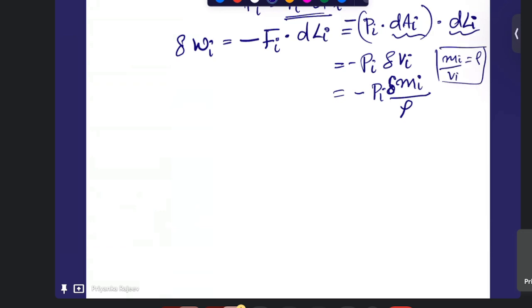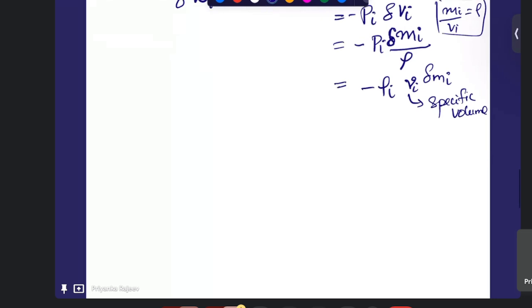So this 1 by rho I can write as specific volume vi times delta Mi. So this is the final expression. Sorry, this is not rho, this is P. P is the pressure. So this is pressure, this is the mass of the fluid element, and this is specific volume.